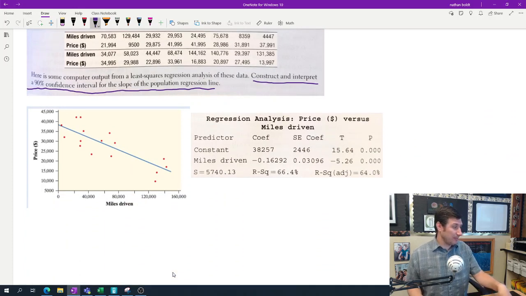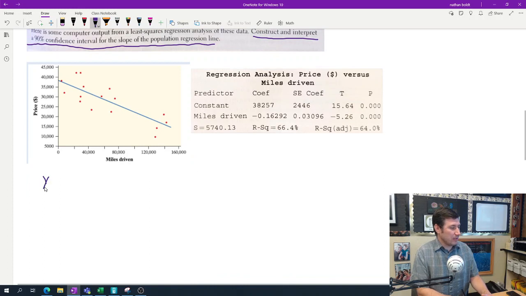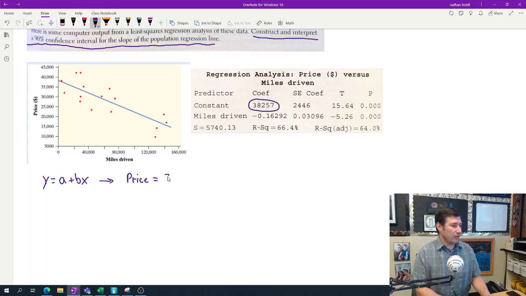They give us the scatter plot and a computer printout of the linear regression information for this sample. Remember the linear regression equation a plus bx that we used for so long? If we were to take our linear regression printout and write this linear regression line, it would be price is equal to, our y-intercept is right here, the constant coefficient, 38,257, plus the slope is right here.